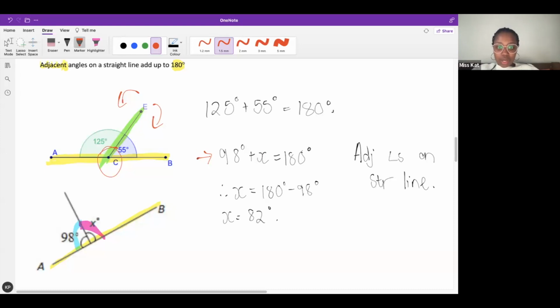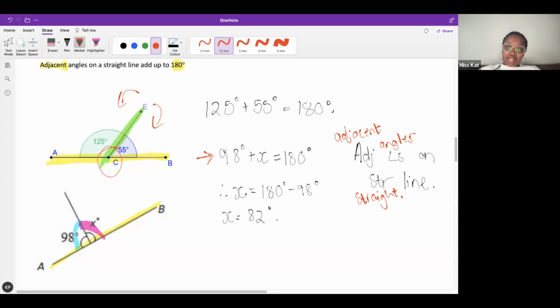Okay, this is step one. I'm telling you that 98 and X add up to 180. Now my reason, this is a shorthand form. Let me write it in red. It's adjacent because they're next to each other. Angles on a straight line. Okay, Dwayne.